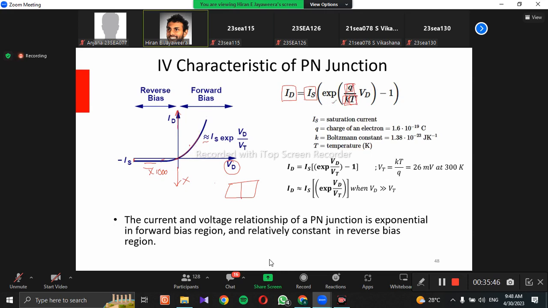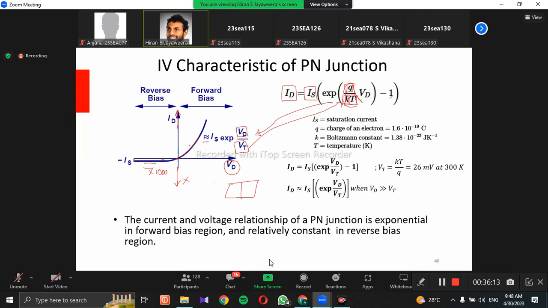This equation can be approximated to something like this: e to the power VD divided by VT. Sorry, VD is not the barrier potential, it's the potential that you apply. VT is kind of constant.